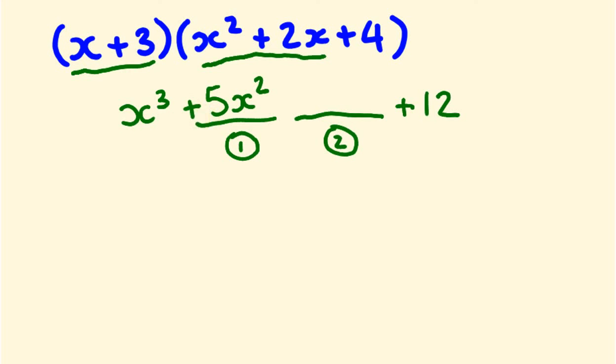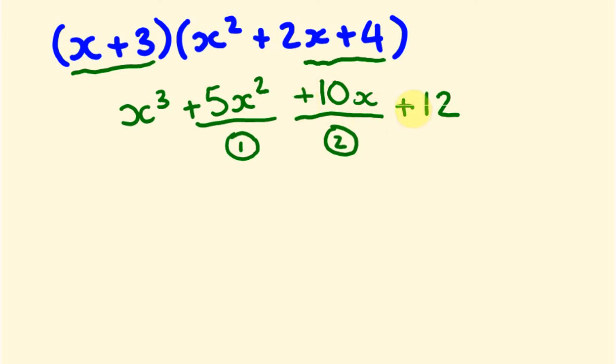Then to get our next part, we're going to multiply this part, the x plus 3, but not here, we're going to rainbow multiply with these. Okay, so what we get is 4 times x, which is 4x, and 2x times 3, which is 6x, I apologise. 6x plus 4x is 10x, okay. It's positive too. And there's our answer, okay?